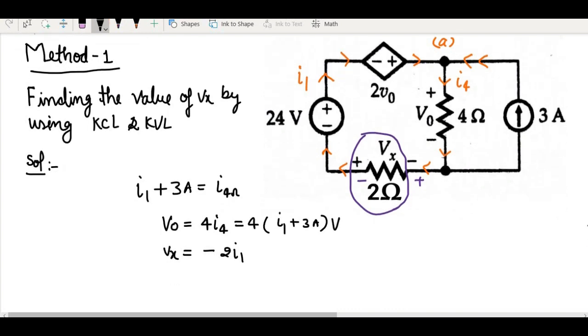Now applying the KVL in this loop, taking the upper polarity of each element: 24 volt plus 2 Vo minus Vo minus Vx is equal to 0.